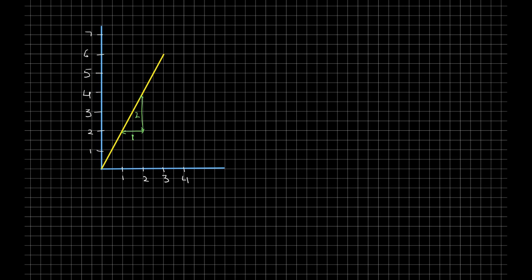And you can also see that it doesn't seem to depend on where I start from. So I could even start from maybe 3.5. So if I start from here and I move forward by 1 unit, I'm going to end up over here. This is moving forward again by 1 unit.